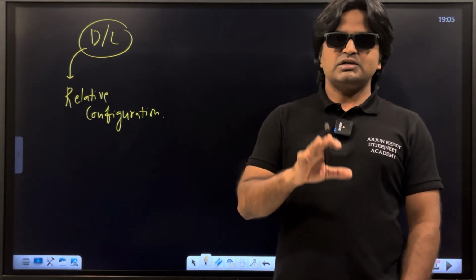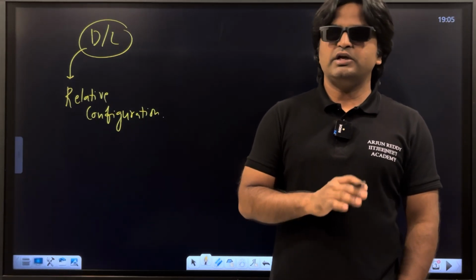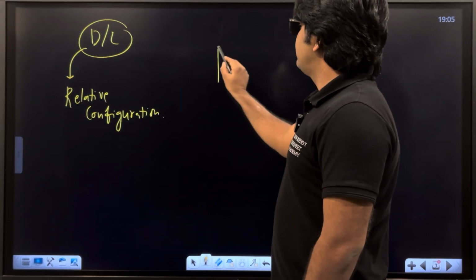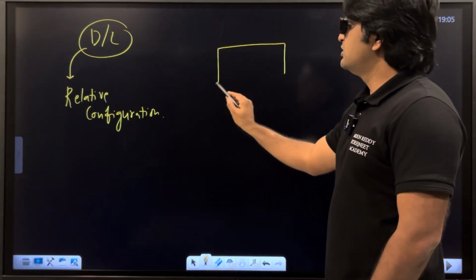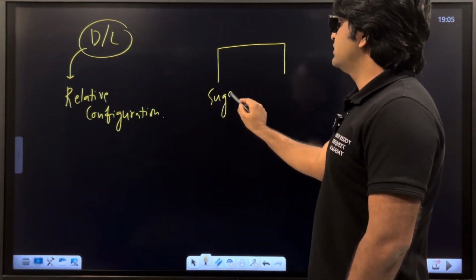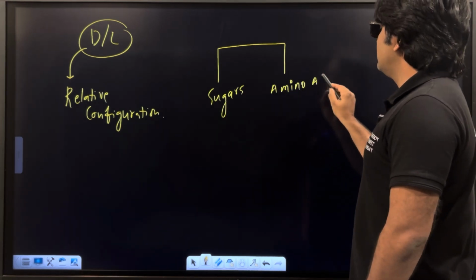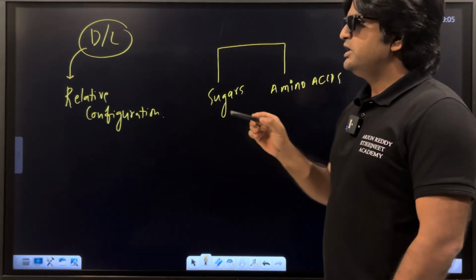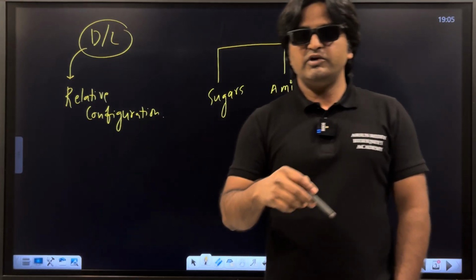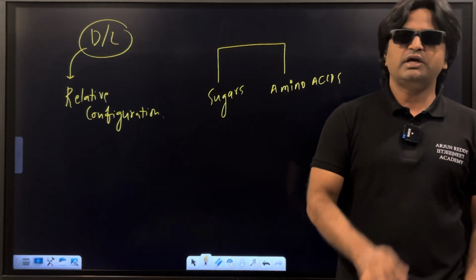In Fisher projections we have sugars and amino acids, and for these we are going to write the DL configuration.